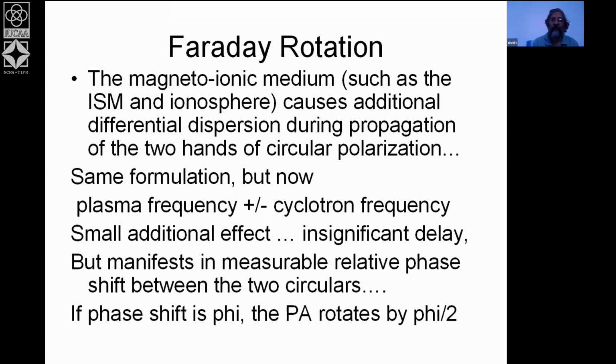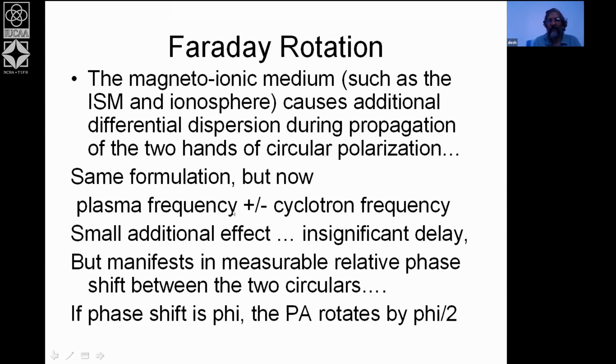To be precise, you can actually find the cyclotron frequency associated with the magnetic field strength, and add it as an additional contribution to the plasma frequency, with plus or minus indicating the two hands of circular polarization. Then redo your calculation to find how much delay you would get through dispersion at the frequency of interest.